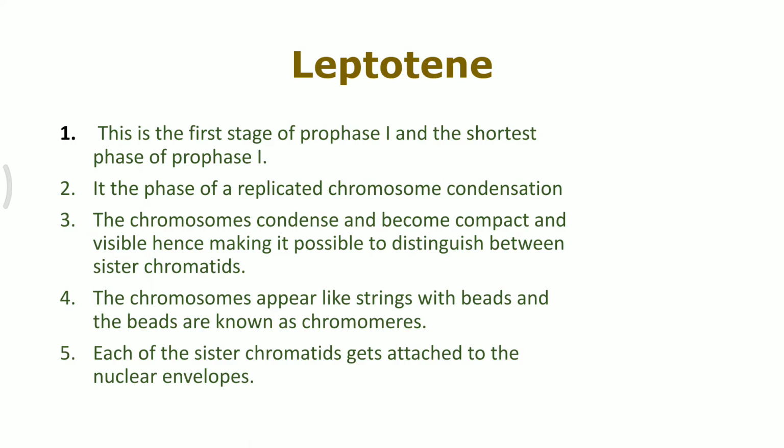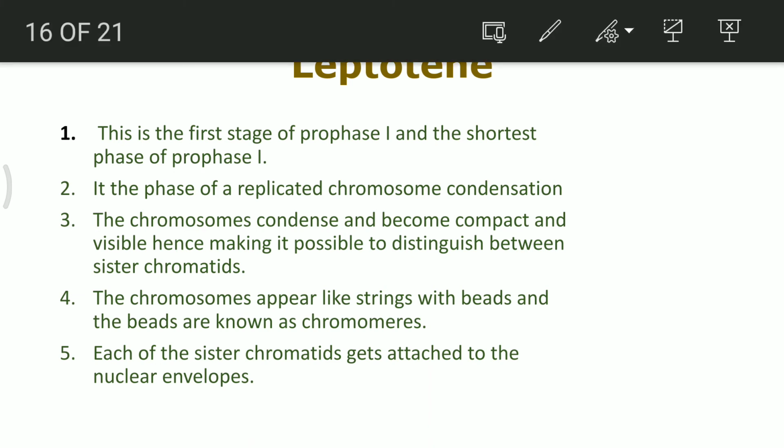Let's see the different stages. The first stage is the leptotene stage. It is the first stage of prophase 1 and is the shortest. It is a phase in which replicated chromosome condensation begins. So the chromosomes become condensed, and we can very well see the structure properly.